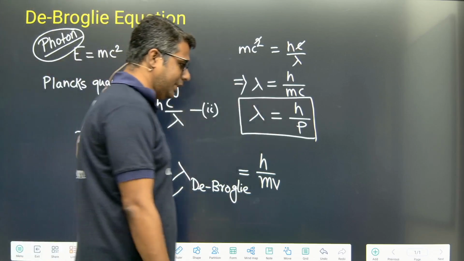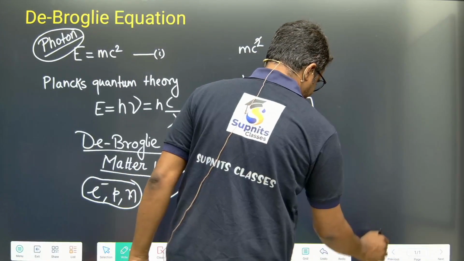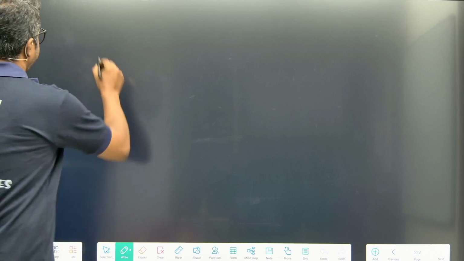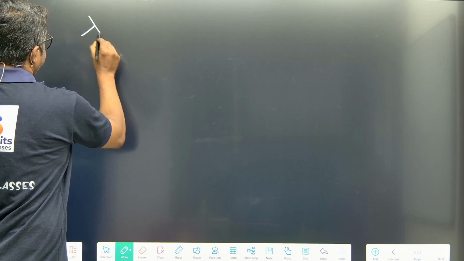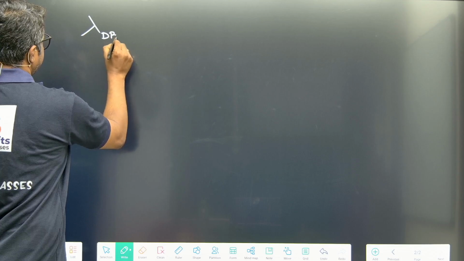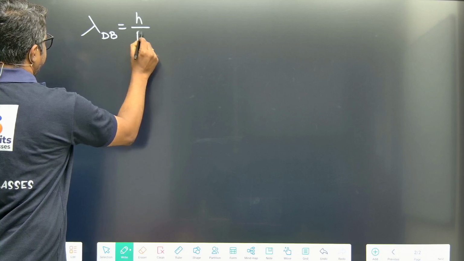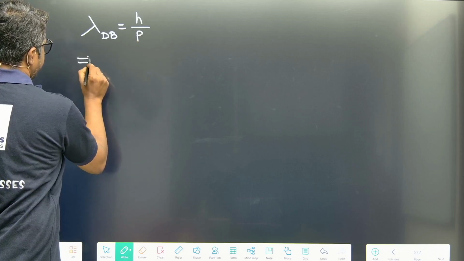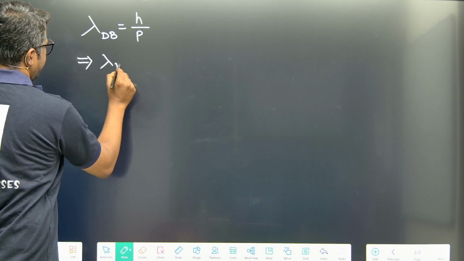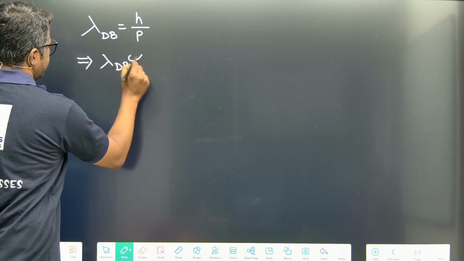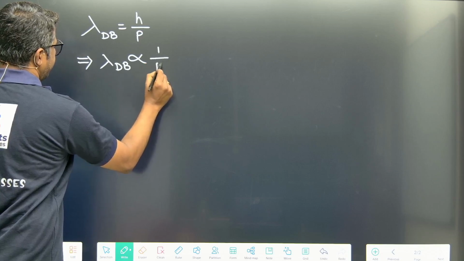Now we will come to the next question. If I write lambda de Broglie is equal to h by momentum, from here I can write lambda de Broglie is inversely proportional to momentum.